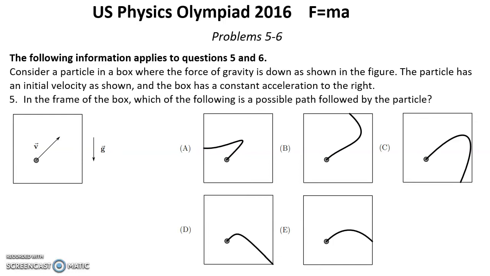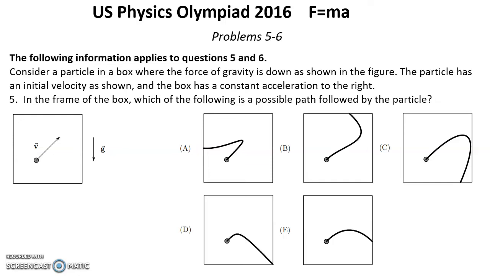US Physics Olympiad, year 2016, F equal MA, first round. Problems 5 and 6. The following information applies to questions 5 and 6. Consider a particle in a box where the force of gravity is down as shown in the figure.